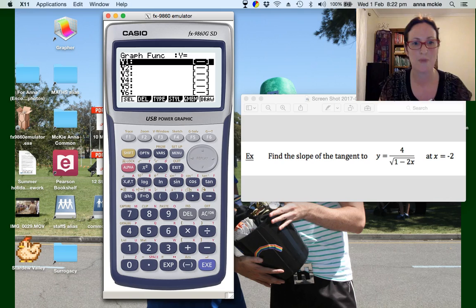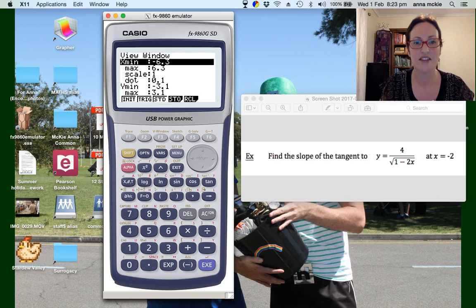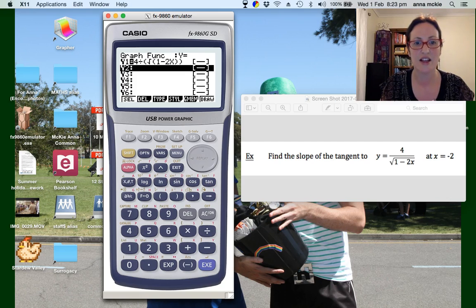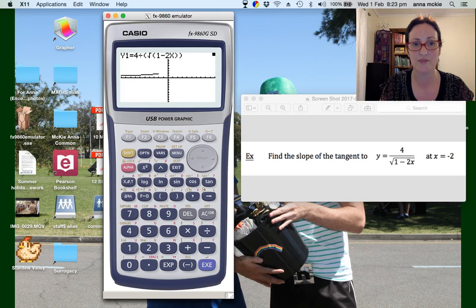So we have 4 divided by bracket the square root, now a bracket, 1 take away 2x, close that bracket, close the original bracket to the, no, that should do us. Now enter, view window, standard view window. Now this is the extra bit, shift setup. I want to turn that derivative on.